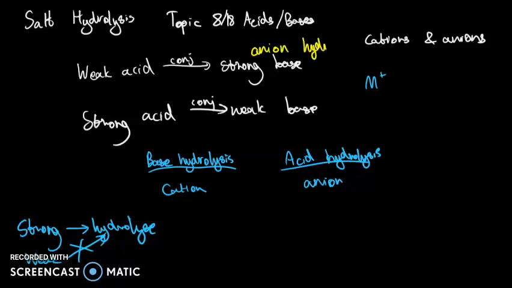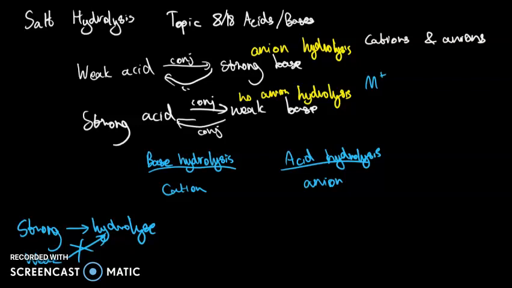Anion hydrolysis, right? And if we have a strong acid, which forms a conjugate weak base, well, there would be an anion because we start off with an acid and we form a conjugate base. However, because this conjugate base is weak, there won't be any hydrolysis. So, no anion hydrolysis. Similarly, if we start off with a weak base and we form a conjugate strong acid, right?